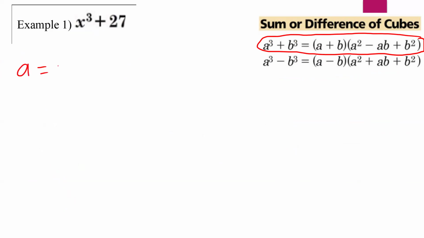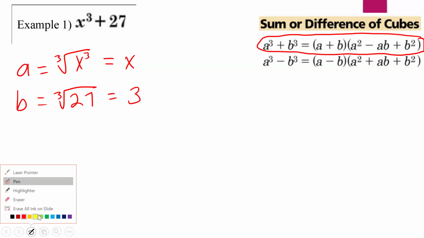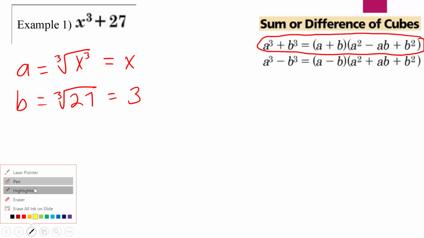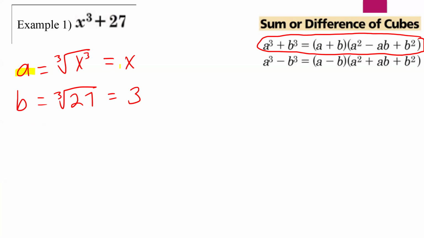So the first thing I have to do is find my A. Your A equals the cube root of your first term. My first term is x cubed. What is the cube root of x cubed? x. Then your B equals the cube root of your second term. Your second term is 27. What is the cube root of 27? 3. So everywhere there's an A, we're going to plug in x.